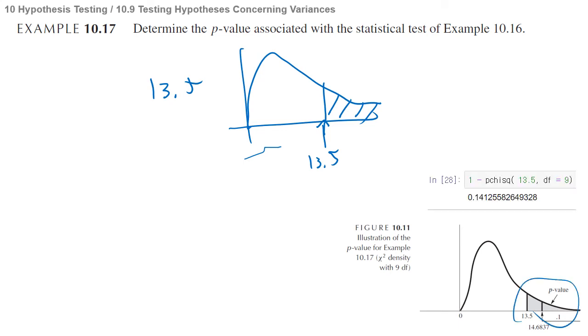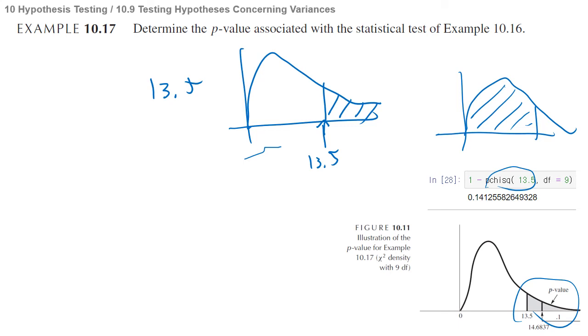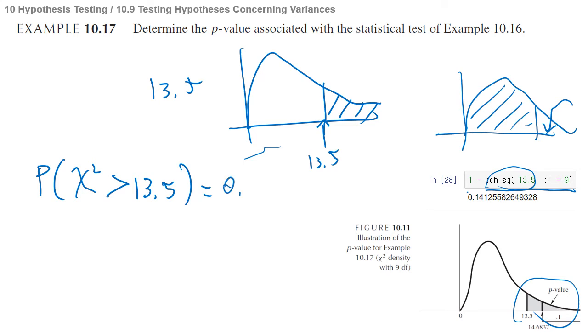Using R, we can use the p chi-sq function to calculate the area here. To calculate this area, it is 1 minus p chi-sq of this value. So the answer is the probability that your chi-square statistic is greater than 13.5, which is 0.1413, something like this.